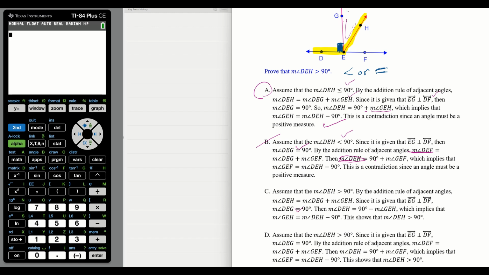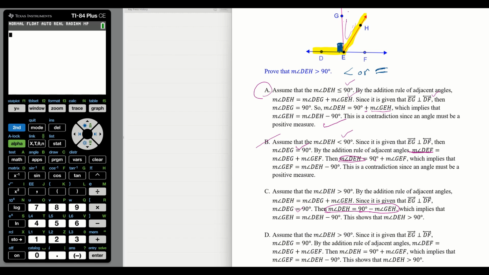And then they're saying that DEH equals 90 degrees minus the measure of GEH. That doesn't make sense. Or does it? Well, yeah, no, it does make sense.